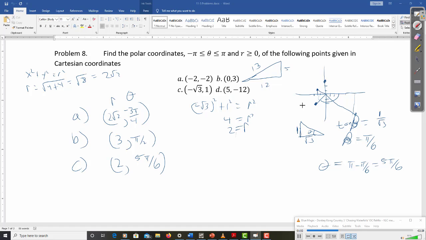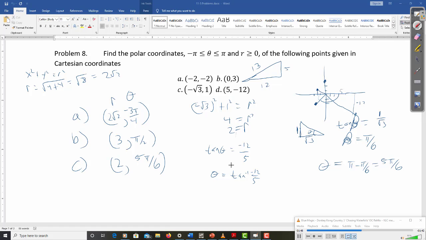But the angles aren't super nice for it. So the opposite side is the negative 12. The adjacent side is the 5. So tangent of theta equals negative 12 over 5. Theta is just the inverse tangent of negative 12 over 5.